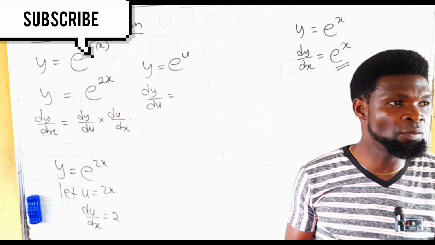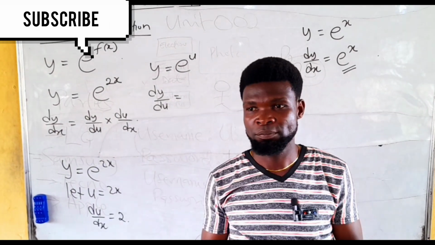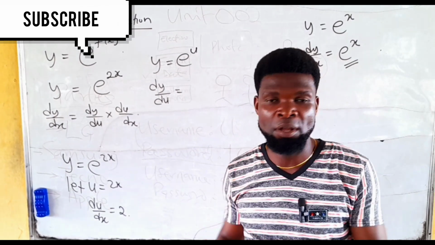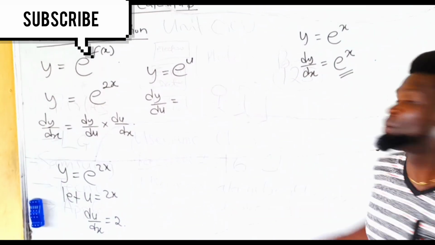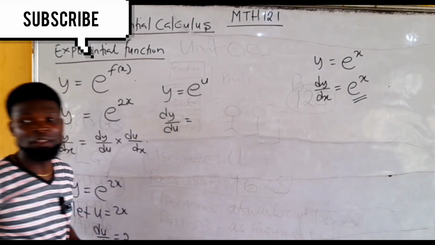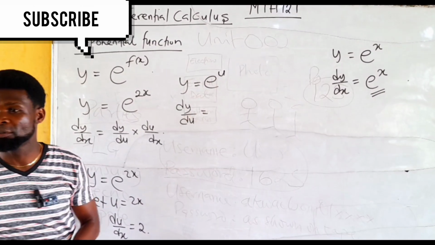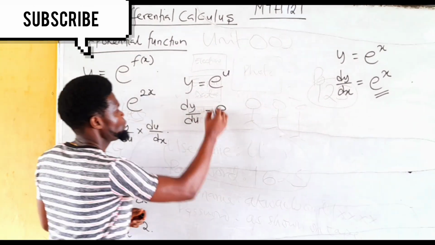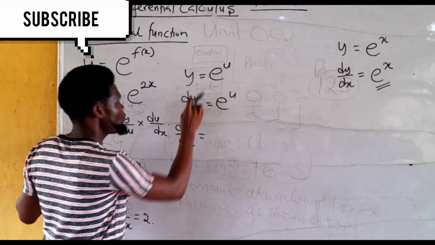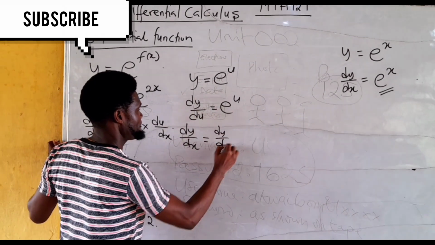So what will be the derivative of exponential u? There's a proof for that, but we are not interested in that for now. So let's come back here. What's the derivative of exponential u? Exponential u.